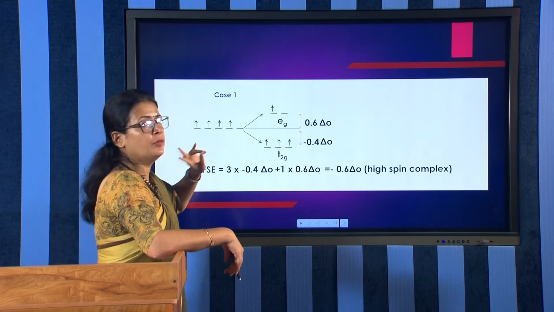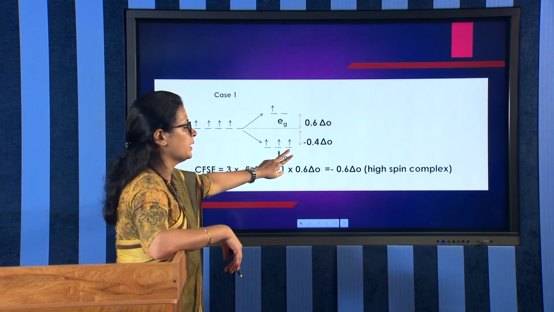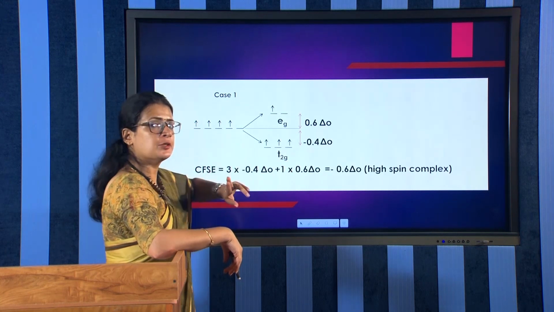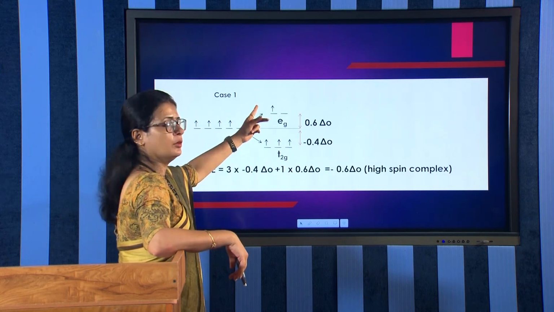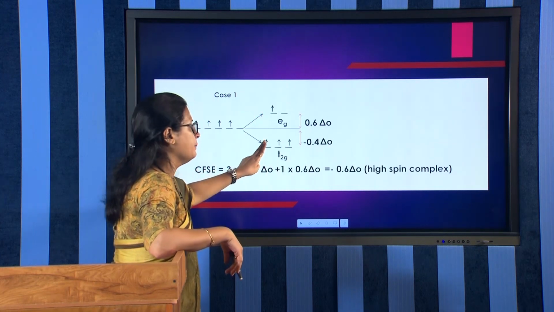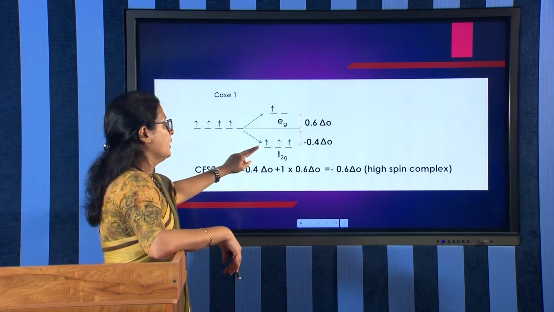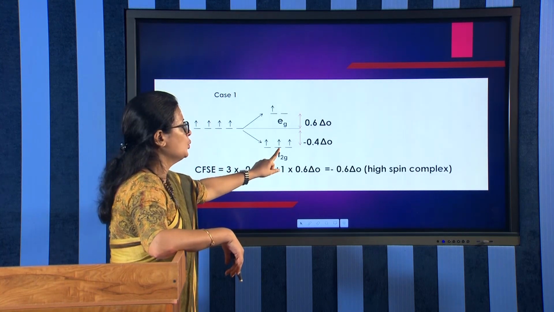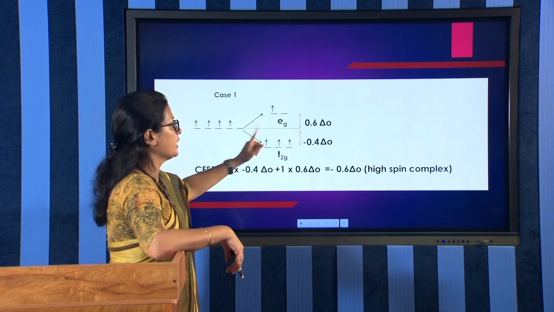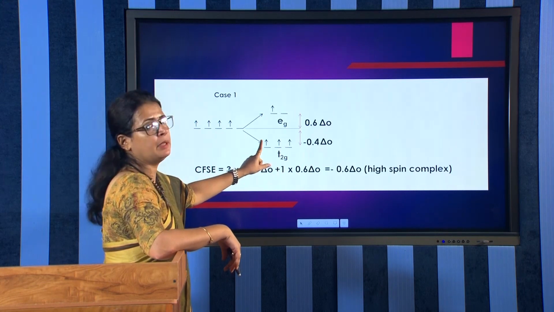Now, how to fill the electrons? You have to fill the electrons 1, 2, 3. And the 4th electron, it can go to the EG orbital, or it can be paired here. There are 2 possibilities here while filling 1, 2, 3, and the 4th electron can go either there or the 4th one can be paired here.